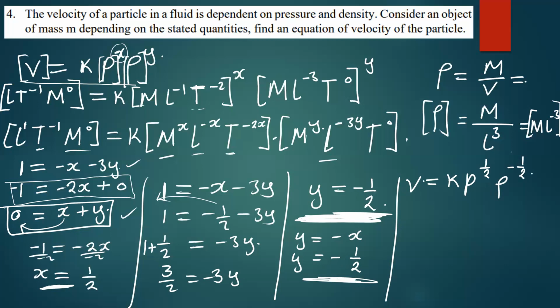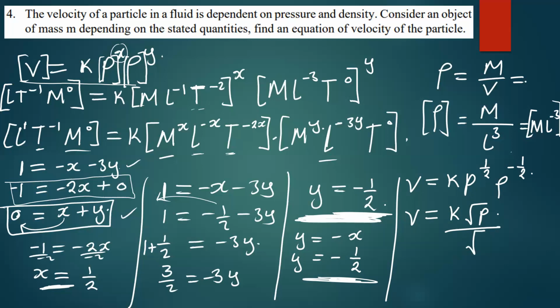Then we can simplify this further. So the velocity is therefore equal to K. Anything raised to the power half means the square root. So we have the square root of P, and then this one, to make this half positive, we are also taking it down so that it becomes positive.